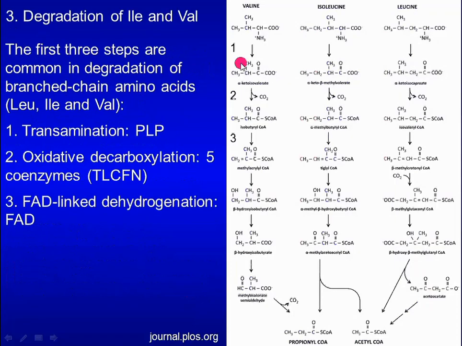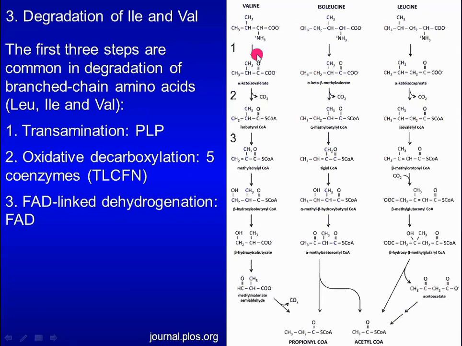Here are 3 pathways to degrade valine, isoleucine, and leucine. The first 3 steps are common in these 3 pathways. They are transamination, oxidative decarboxylation, and FAD-linked dehydrogenation.